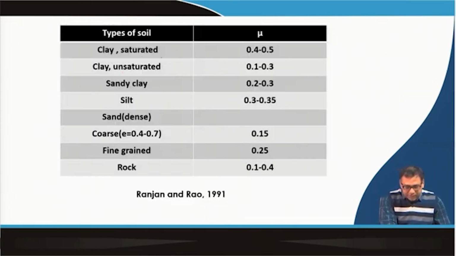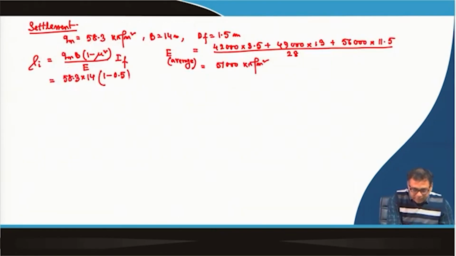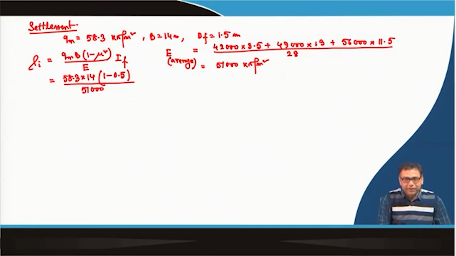Mu value for saturated clay is 0.4 to 0.5, so I have taken 0.5. You can take 0.45 also, but if the exact value is not given, then you can take the value from this range. The weighted average E is 51000. Now, the IF, the influence factor.